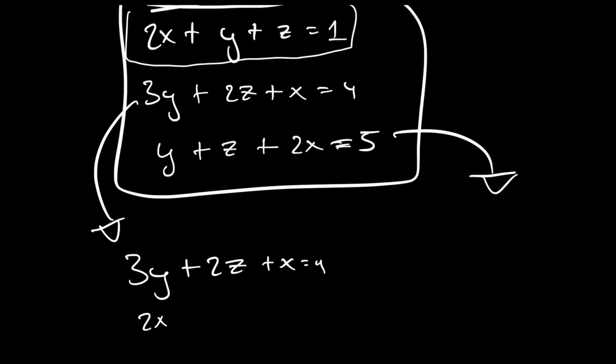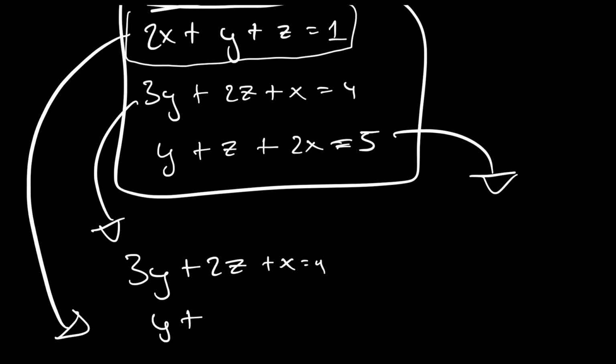By the way, guys, we have to rearrange this formula to make it look nicer. So instead of 2x plus y, we can do y plus 2x plus z equals 1. And then here we have y plus z plus 2x equals 5.